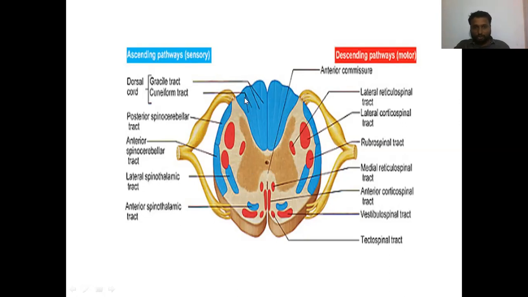Now in the posterior part, fasciculus gracilis and fasciculus cuneatus. Those are the ascending tracts. So we have descending fibers and ascending fibers. Descending fibers are of two types, pyramidal fibers and extra pyramidal fibers, and these are the ascending fibers. So that's all about the white matter. Now the white matter is clear.